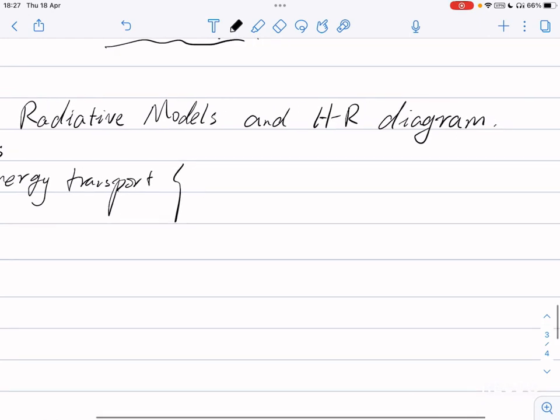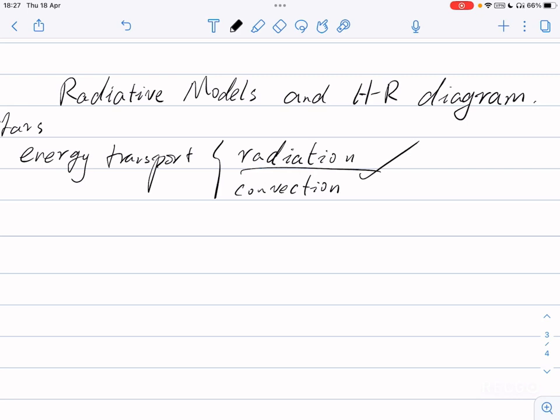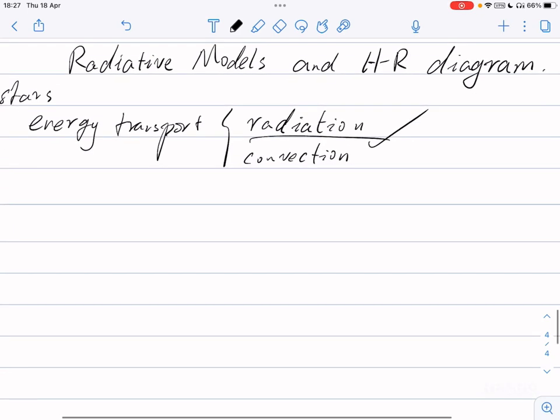The first one is radiation, which we will talk about this time. The second is convection, which we will talk about later. So today we are mainly talking about the radiation models of stars.